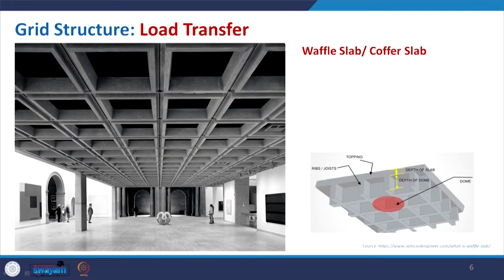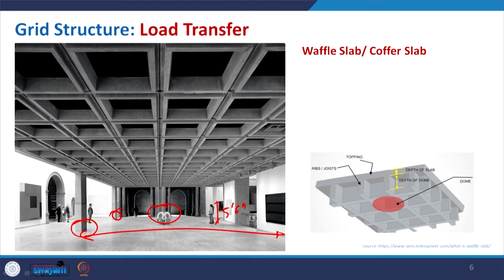Now, coming to the load transfer, how it will transfer the load, we have already seen with the schematic. In this image you can identify a column, there you get another one, and here at the end. This span is considered on a human scale of, say, 5 feet 6 inches.